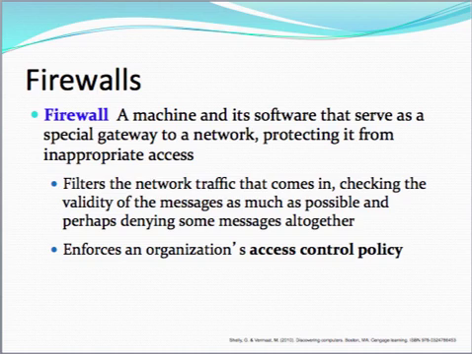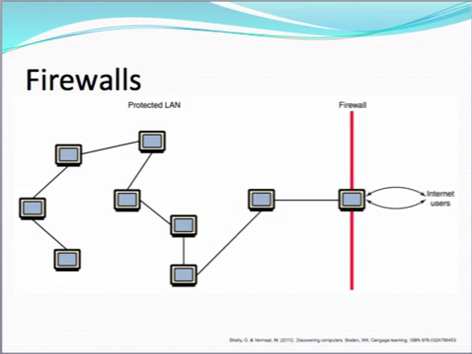It enforces an organization's access control policy, and every organization has that policy. Now we have a figure of how that firewall works. These are the internet users here, and they try to enter this local area network, and we have the firewall here that enforces the access policy of the organization.